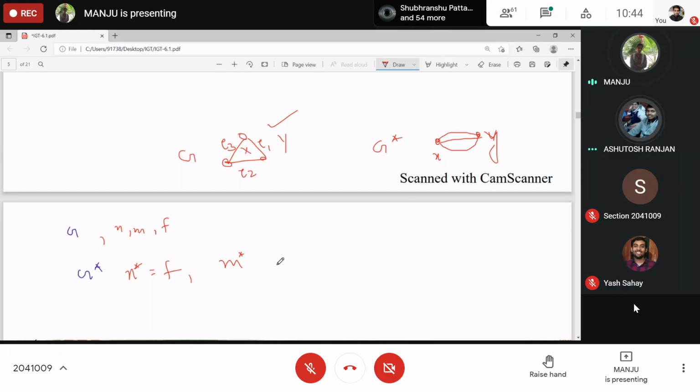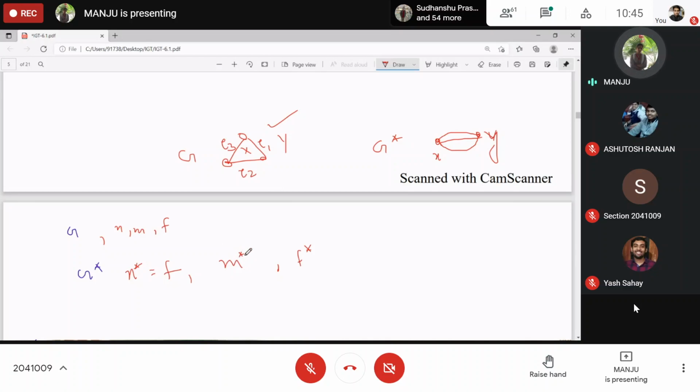Ma'am, faces are 2 and regions are 3? Faces and regions we are just saying the same. Vertices are 2. These faces become vertices, and corresponding to each edge there will be an edge.